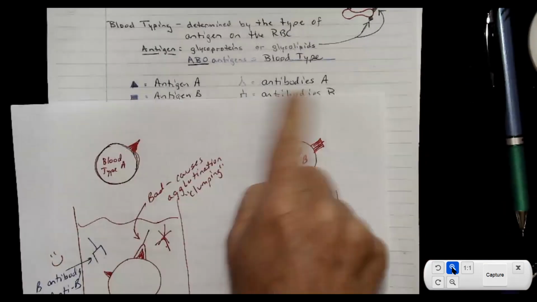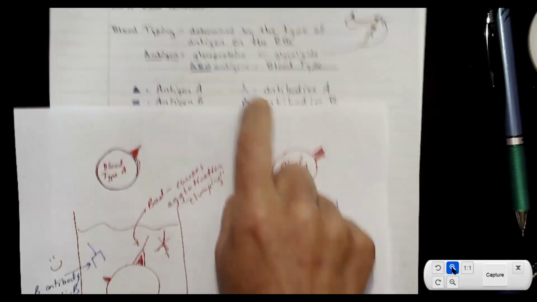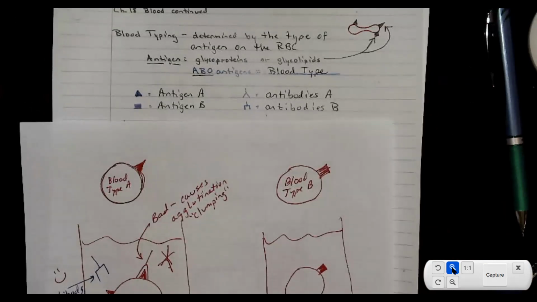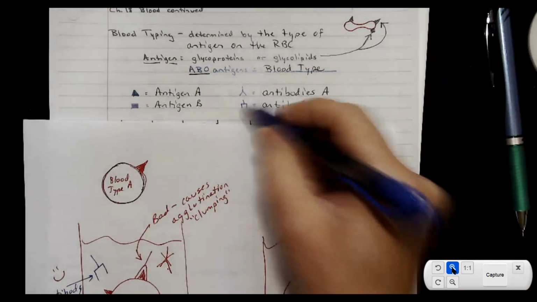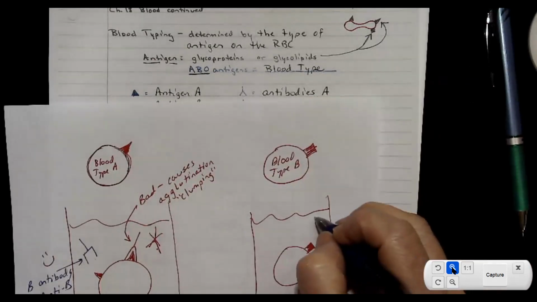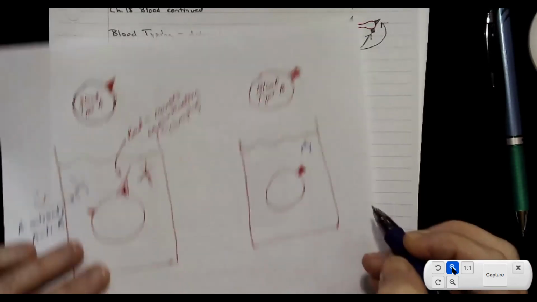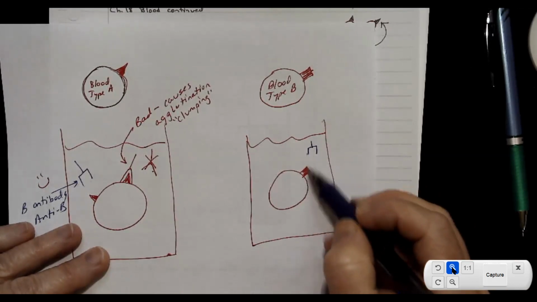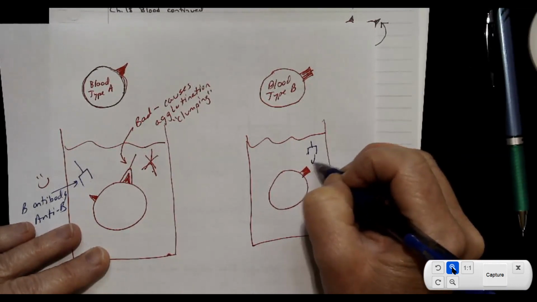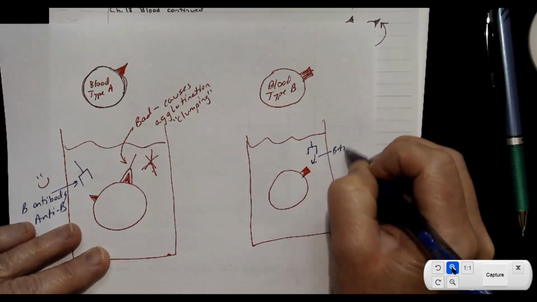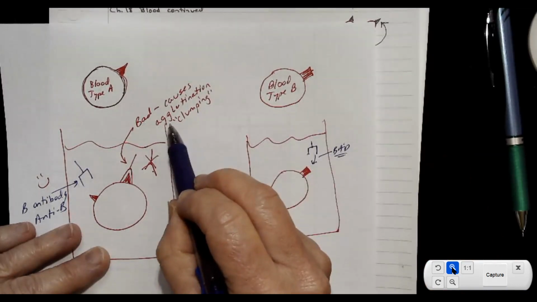Would you find antibodies A or antibodies B? If you found antibodies B, and we know what it looks like, it's a block-shaped antibody. If that was floating in here, that would attach to the red blood cell. And once again, if this went here, this is bad, okay? Once again, it causes agglutination.